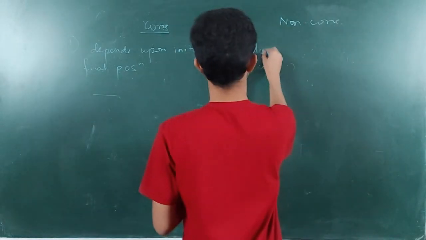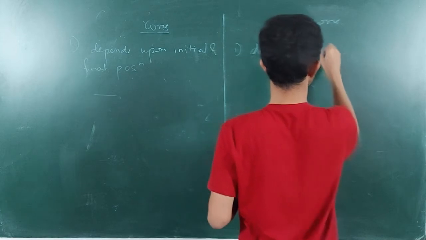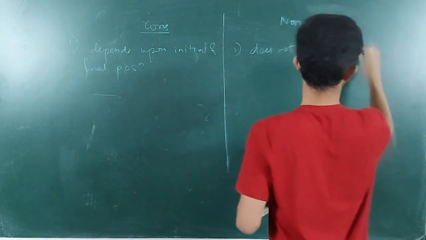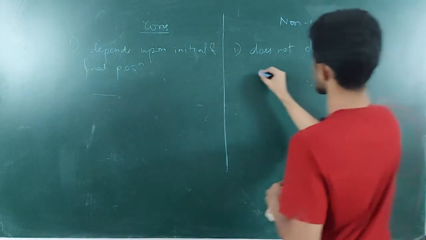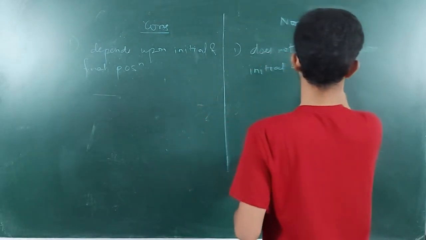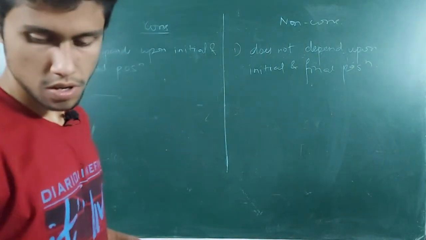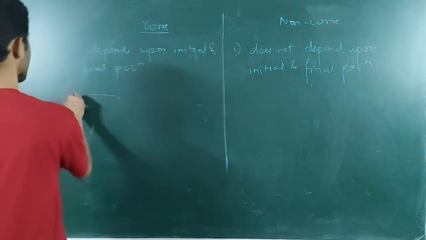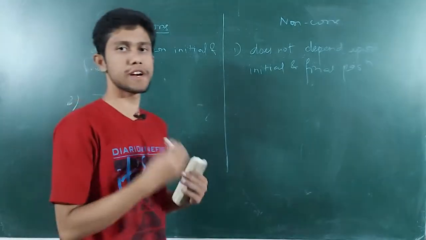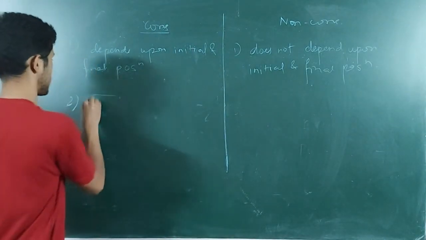But in a non-conservative force, it does not depend upon the initial and final position. Okay, next point, I have told you, is that it does depend upon the path taken.